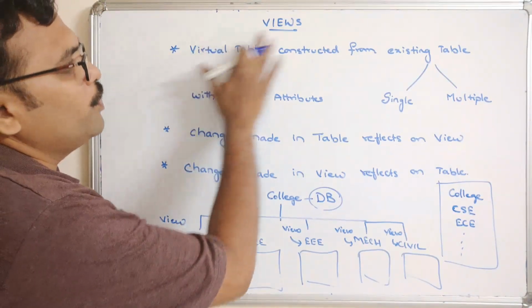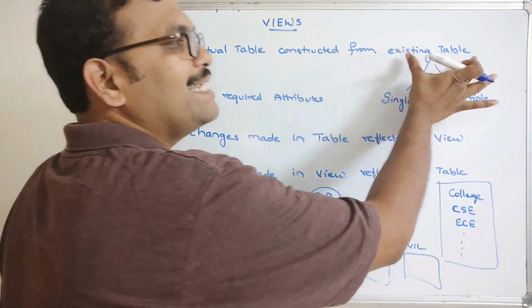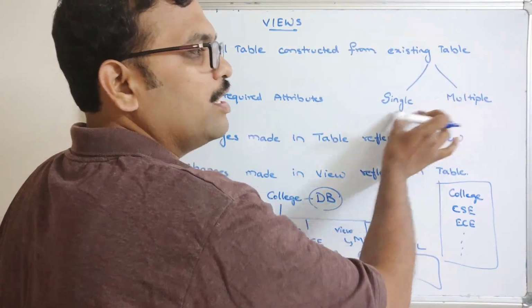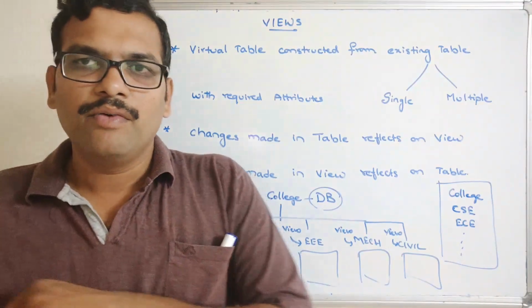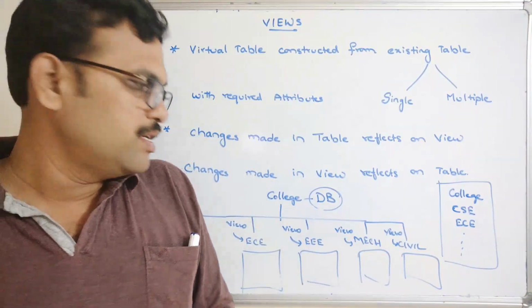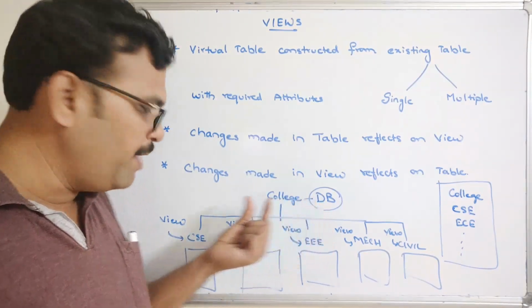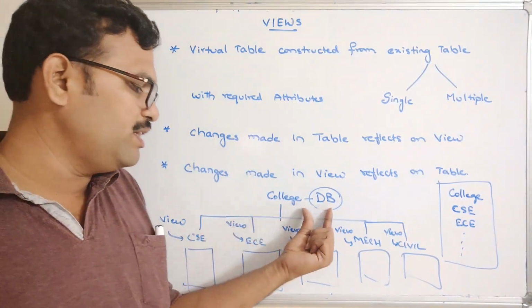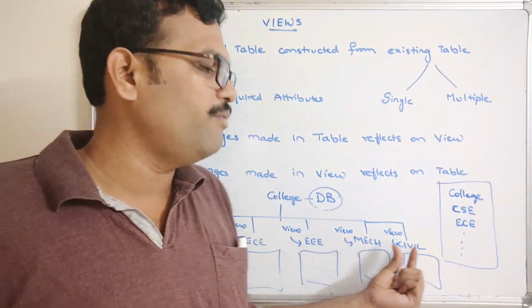So that's why a view is a virtual table constructed from existing tables, either single or multiple, with the required attributes. It doesn't mean that we have to get all the attributes, right? All the CSE student details from the main database will be maintained in the CSE view. All the ECE students will be maintained in the ECE view, EEE view, mechanical view, and civil view.